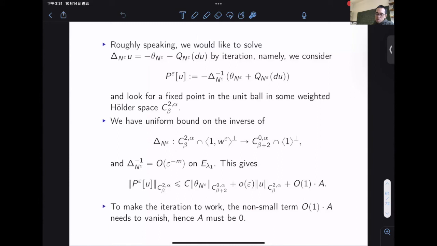This is the obstruction to this iteration procedure. To make the iteration work, this capital A must be 0, which is exactly the balancing condition in this simplest case.